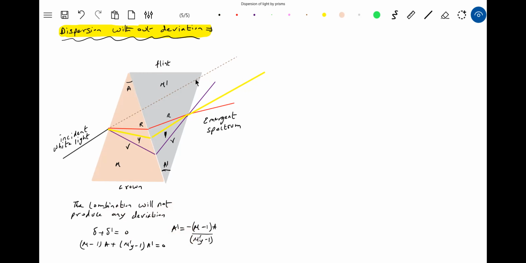Now we will calculate the net angular dispersion. So what is the basic formula for this? Deviation.